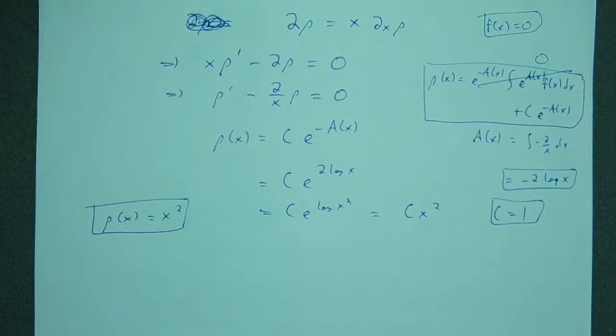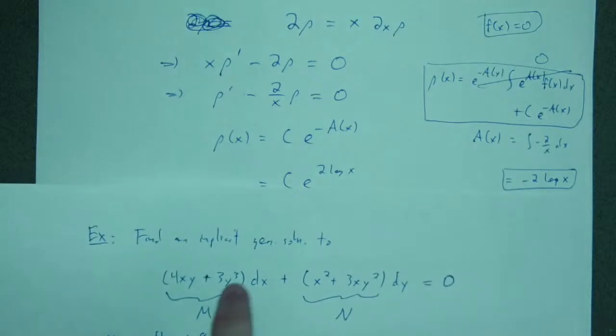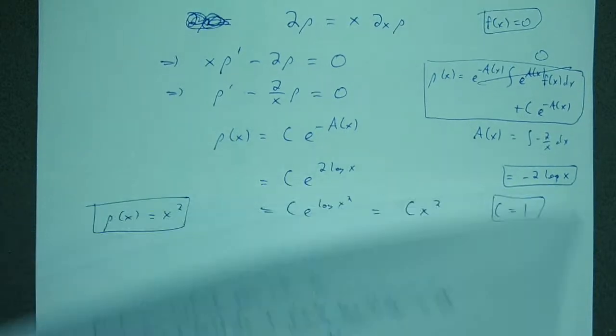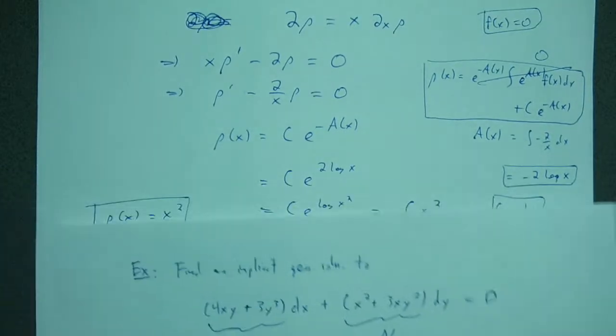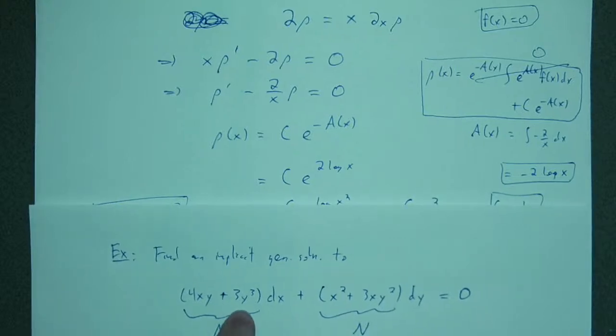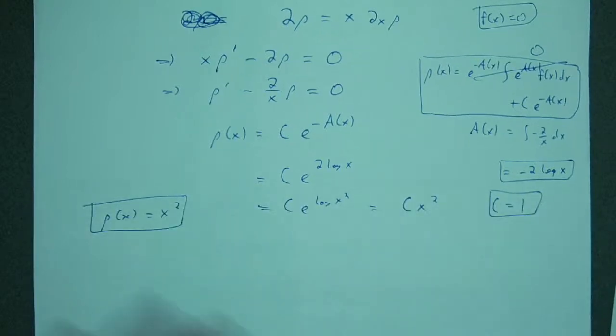So rho of x equal to x squared should work if we go back and multiply it by the equation we started with. Okay, so here's the equation that we started with. If I multiply the equation by x squared, what do I get?